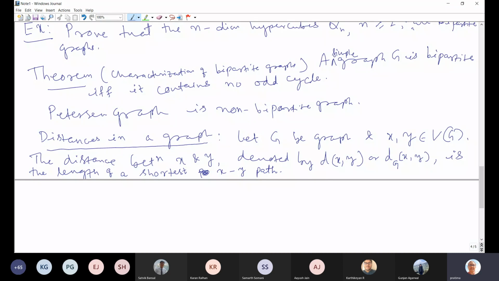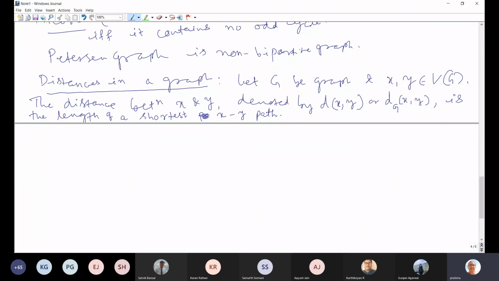So this distance function we have defined is a mapping. A mapping from where to where? From the Cartesian product of the vertex set of the graph with itself to the numbers.